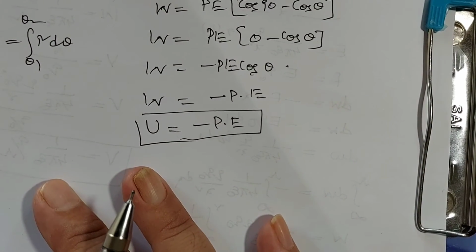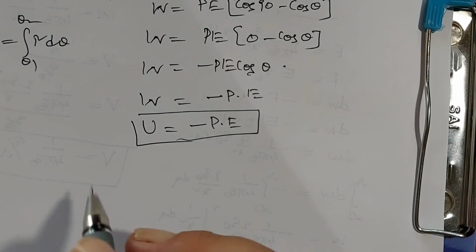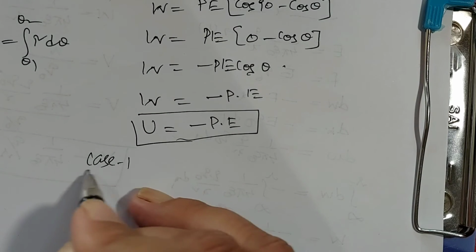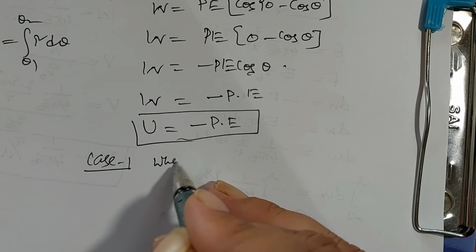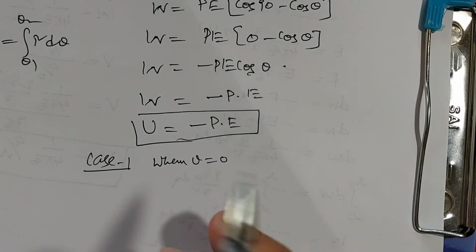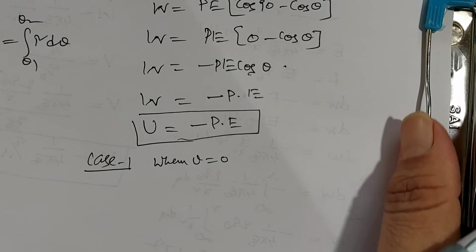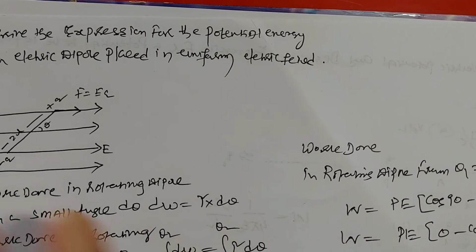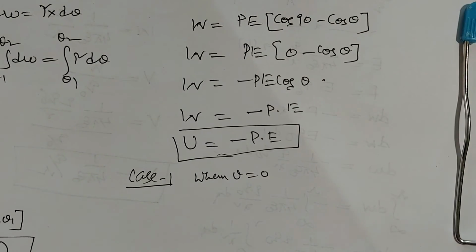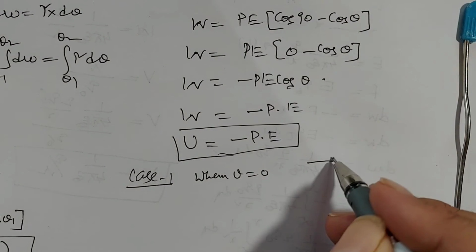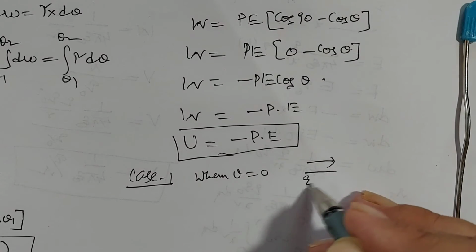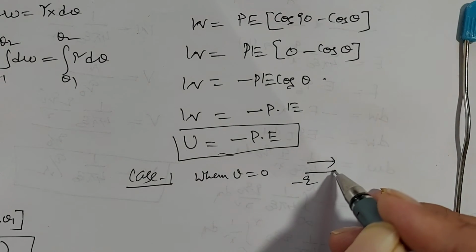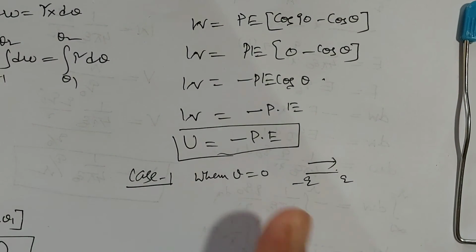When is potential energy minimum and when is it maximum? Let us discuss. Case 1: when theta is equal to 0. That means the dipole is placed parallel to the electric field.